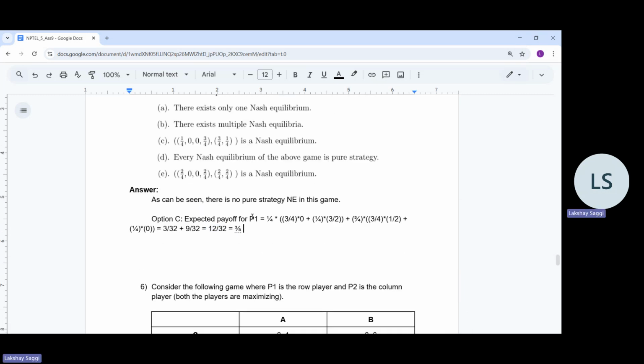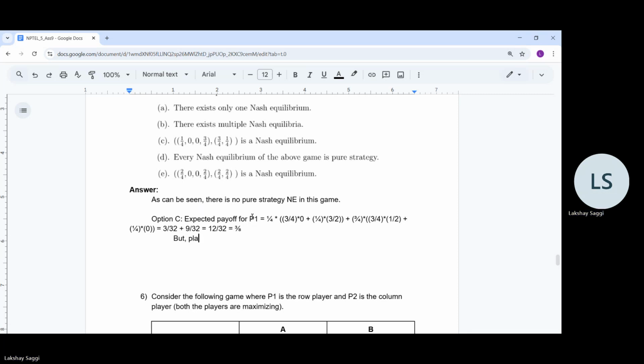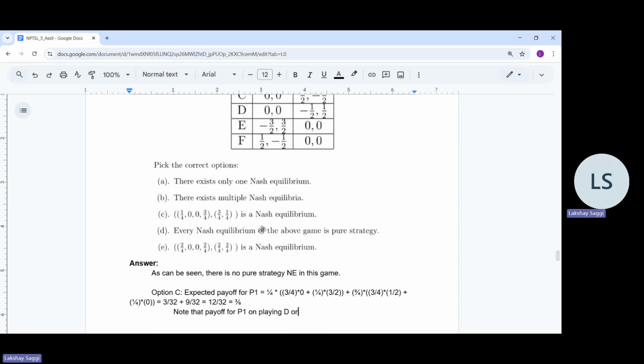So this is 3/8, which is equal to... Note that the payoff for P1 on playing D or E, if P2 plays 3/4, 1/4, is less than 3/8, and hence D, E will indeed be played with zero probability.